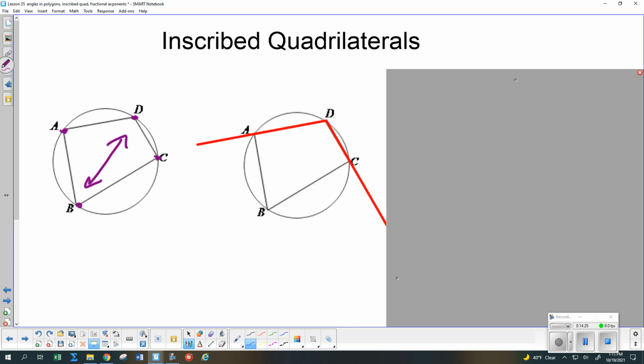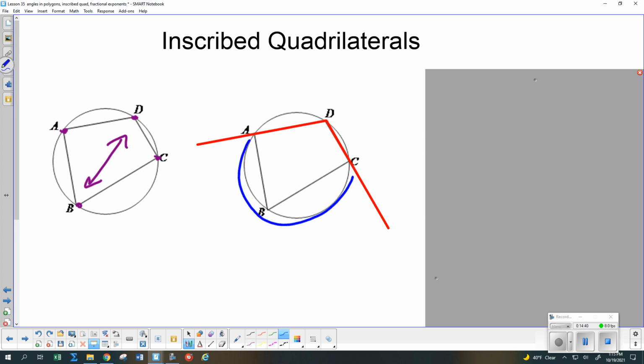So, if I looked just at angle D up there at the top, what kind of angle is that? It's an inscribed angle. And don't we know something about an inscribed angle and the arc that it catches? Don't we know that the inscribed angle, so D, is 1/2 of that arc that it catches?